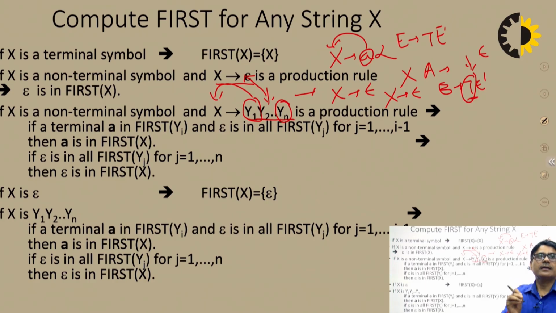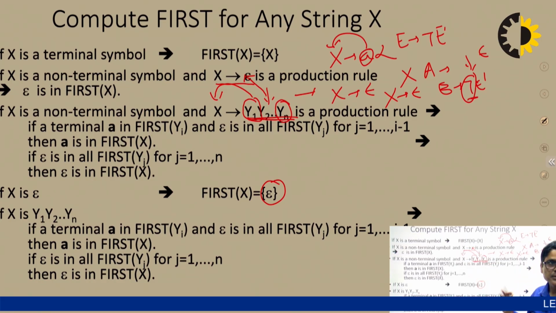The students make mistakes during calculation of first only in this rule. They make mistakes every time for that. So epsilon is only added when the complete right hand side of X derives epsilon. If any one of the variables does not derive epsilon, then this process is stopped and epsilon is not added into capital X. So that is the third rule.